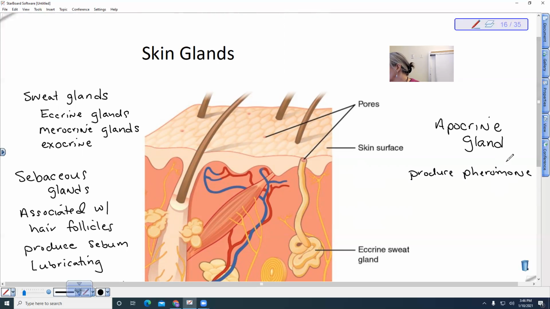Pheromones, there's no H, but it's a kind of a type of hormone. So you might have heard about pheromones in like psychology class, because these are chemicals that are used to communicate between individuals, right? So when somebody smells good to you, it's not just because they use lotion or deodorant or a specific soap, but they actually smell good to you. That is probably because of their apocrine glands. And these are found in areas where we have lots of hair. So this would be like the axillary region, your armpit region.